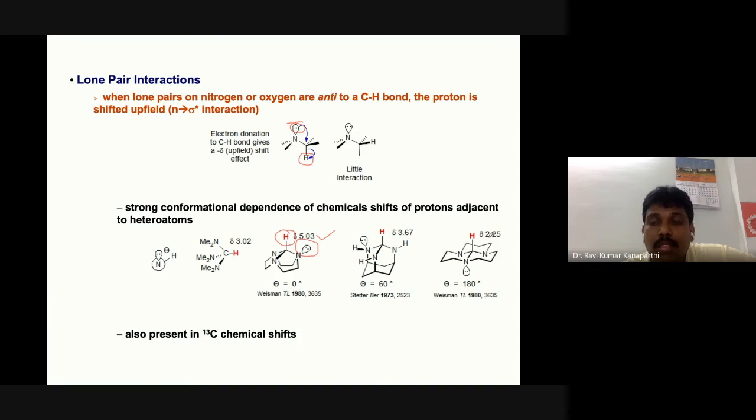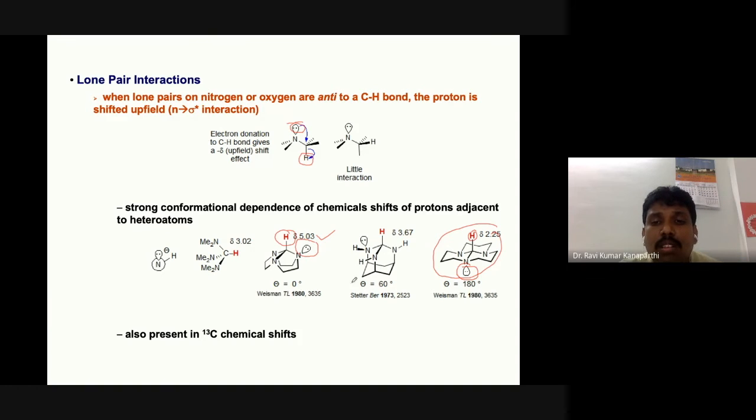But you see this example, this proton is here and the nitrogen lone pair is here, and both are in the anti position. Therefore, the chemical shift of that particular proton is observed in the upfield region, in the high magnetic field.